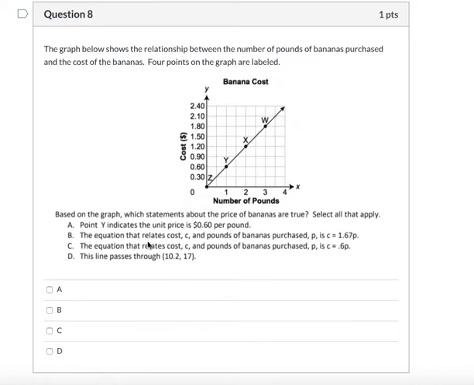B. The equation that relates cost C to the pounds of bananas purchased is C equals 1.67p. C. The equation that relates cost C to pounds of bananas purchased is C equals 0.6p. D. This line passes through (10, 2) and (17).